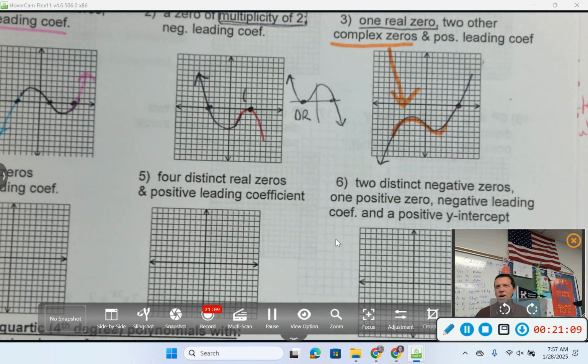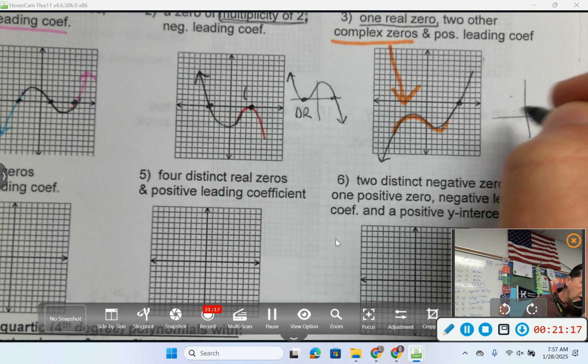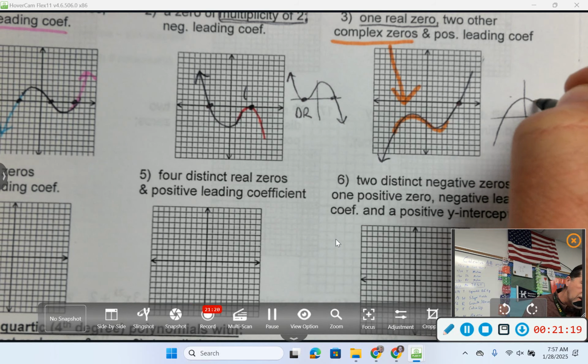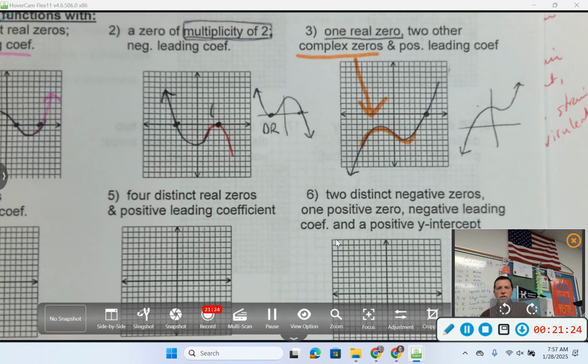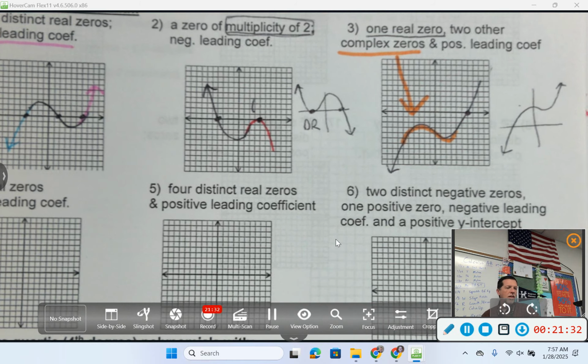There's zeros in there, but they're not real zeros because they didn't hit the x-axis. That's another one where we could have done it that way, and that would have been one real 0, 2 complex zeros, positive lead coefficient.